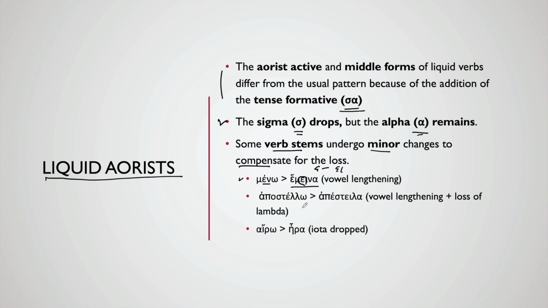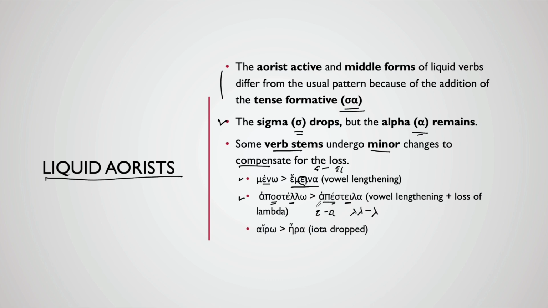ἀπέστειλα. You get two things happening here with ἀποστέλλω in its first aorist form. Again, noting it's a compound verb, so the augment occurs right there. Again, you have a lengthening of the epsilon to an epsilon iota, and you get the double lambda becoming a single lambda.